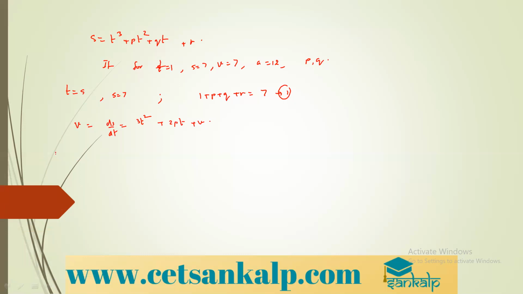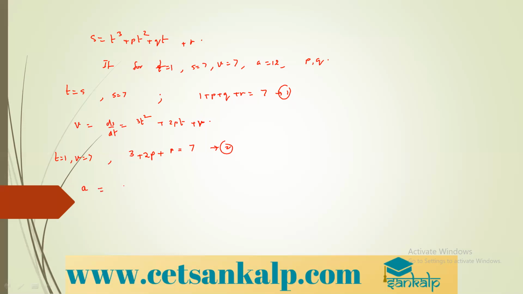We already know that when t equal to 1, v is equal to 7. So I can write 3 plus 2p plus q is equal to 7. This is the second equation.